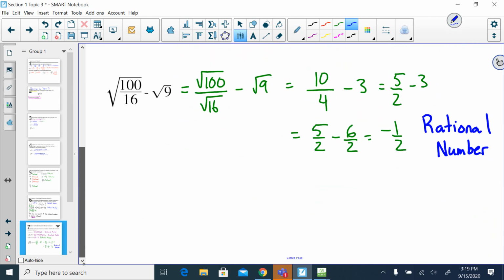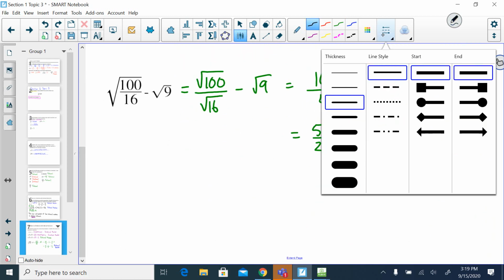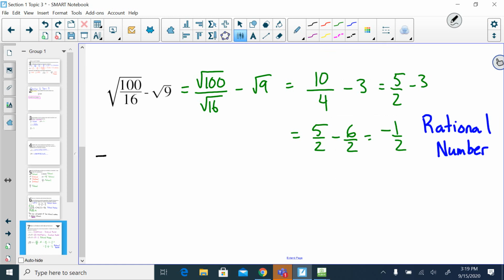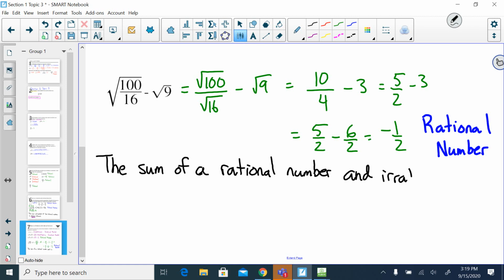So in that case, here's what I need you to understand: the sum of a rational number and an irrational number is irrational.